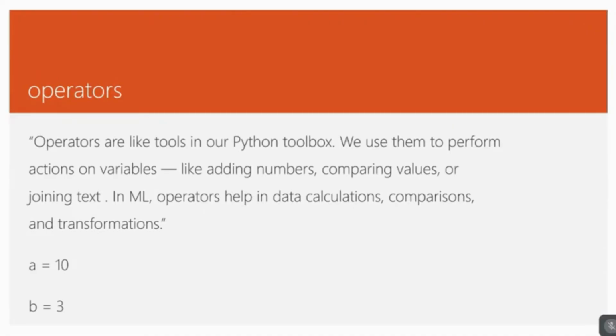If we have to compare two values, who is greater, who is less, like that, we use comparison operators. And if we have to show whether the statement is true or false, then we use Boolean or logical operators.